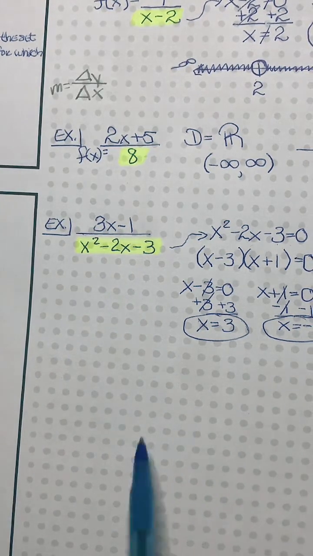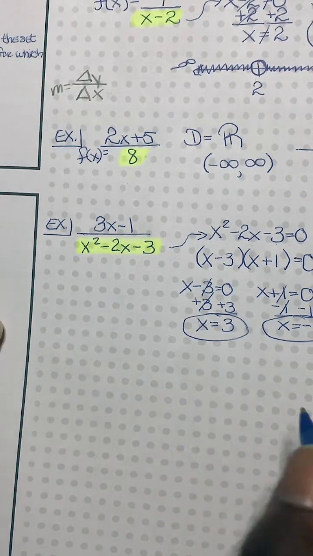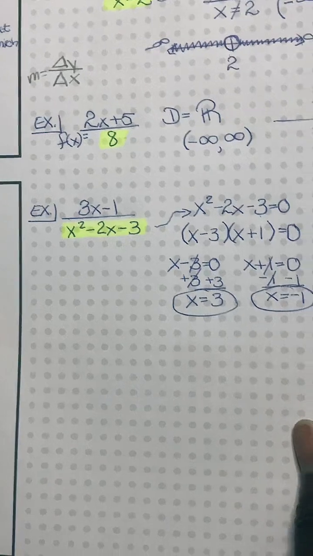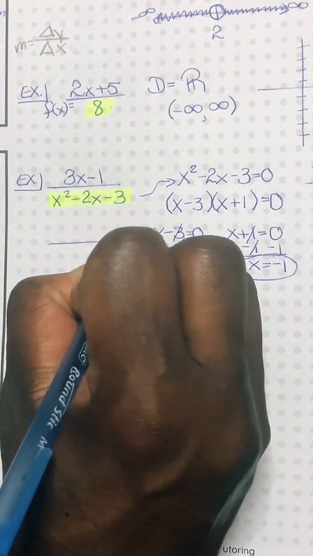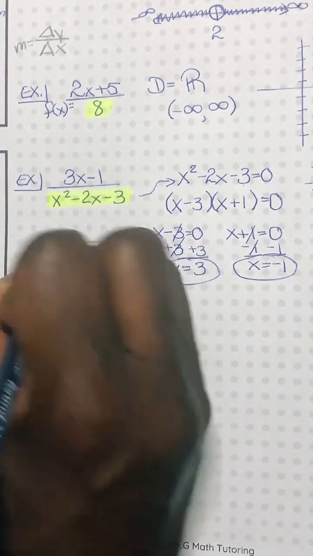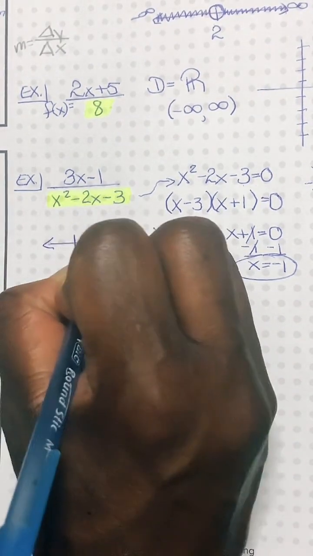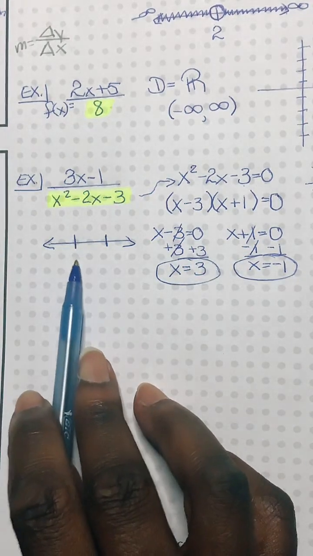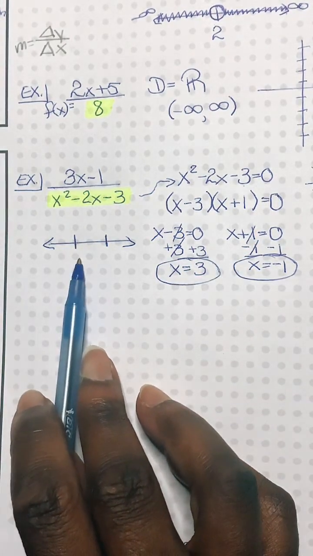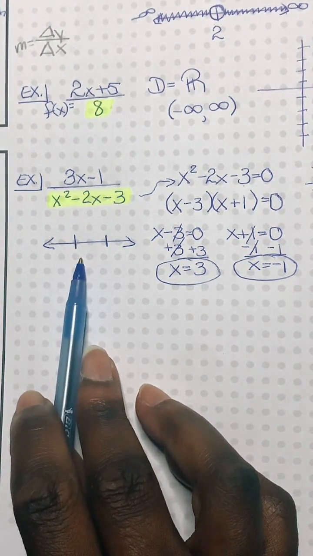So in order for us to write our domain, let's take a look at it as a graph. I'm just going to put it roughly here because I think we're really good at seeing it visually. What should go lower, the 3 or the -1?